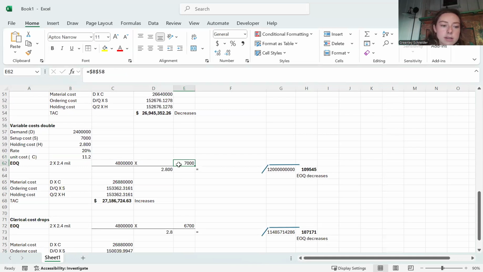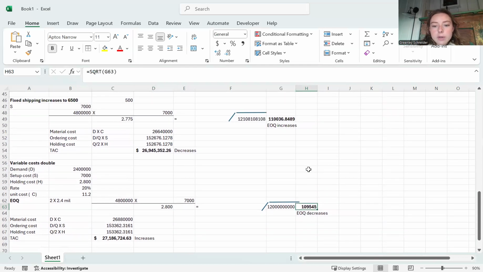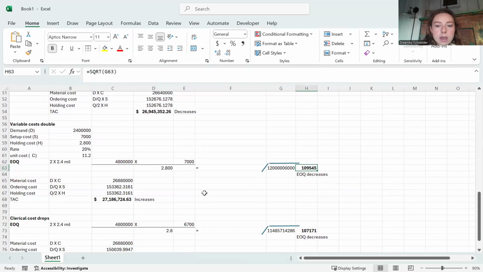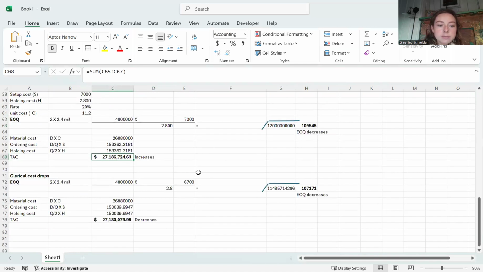Everything else is going to stay the same, but our variable H is being affected by this because H times C is our capital H, our holding rate times our unit cost. Now we see once again our EOQ is going back down like we saw in the first two examples, and our total annual cost increases. So once again, that inverse effect.